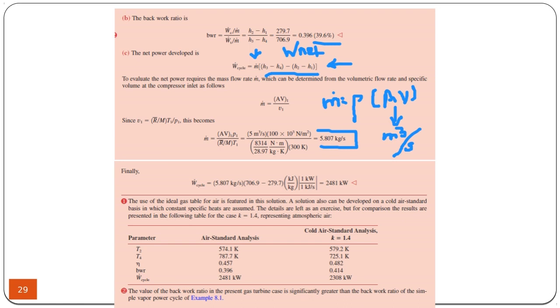It's the same mass flow rate. So by using it, you calculate the power of this gas turbine to be 2,481 kilowatts.